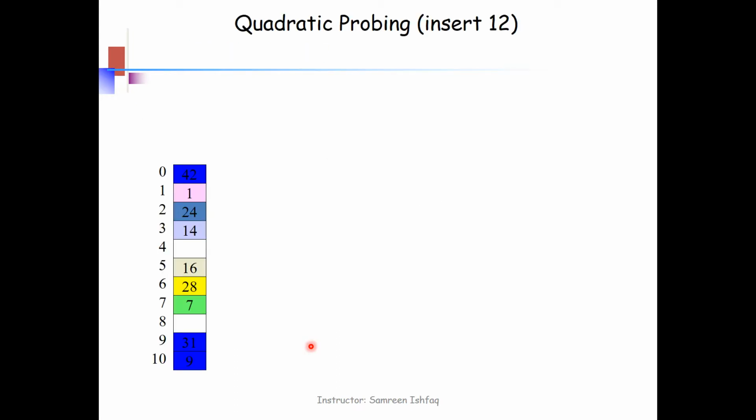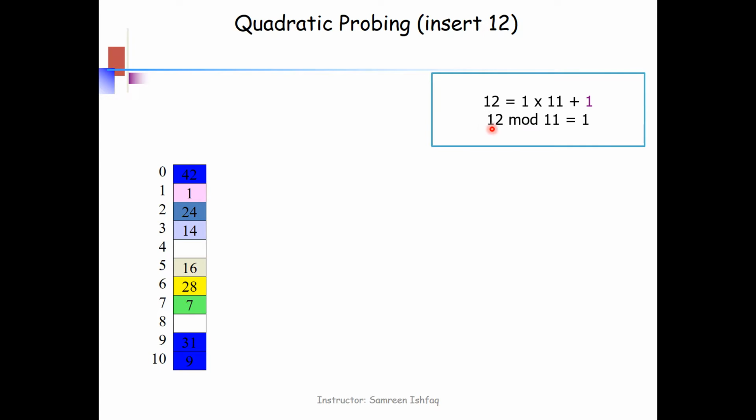Now let's try to insert a value in this hash table using quadratic probing. We will try to insert 12. The total size of the table is 11. So 12 mod 11 is equal to 1. At index 1, as you can see, a collision occurs. So now we will apply the quadratic probing formula, h of x plus i squared, where the value of h of x is 1 and the value of i is 1.